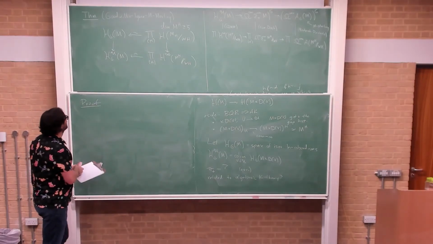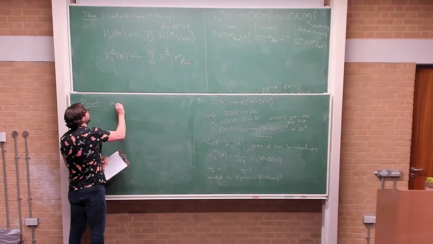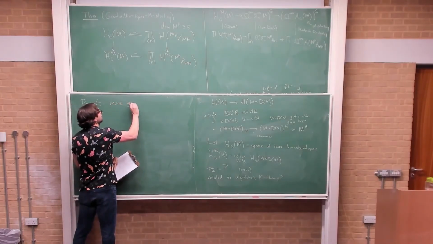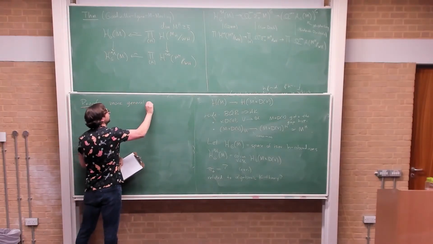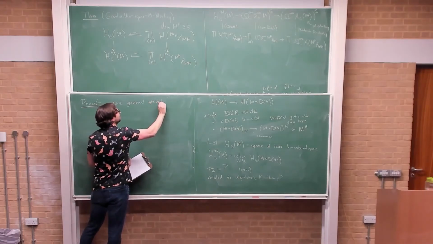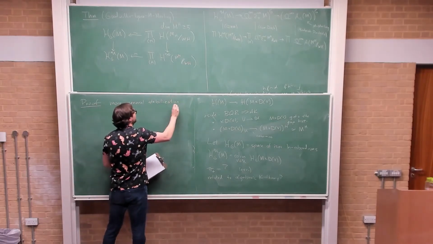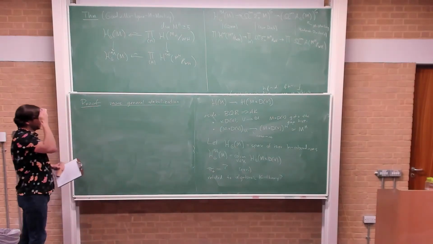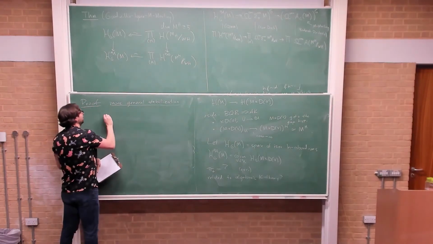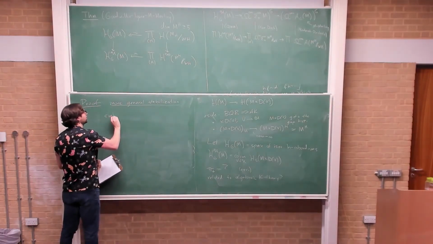All right, so the main concept in the proof is that there's this more general stabilization. This is actually an idea that I think is pretty well known, but sometimes challenging to write down really carefully. So let me just describe it.